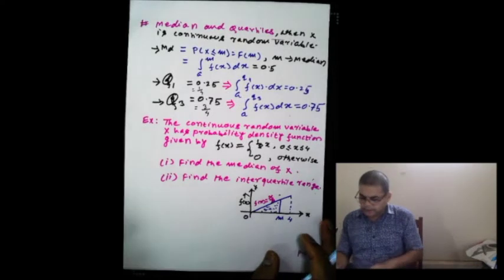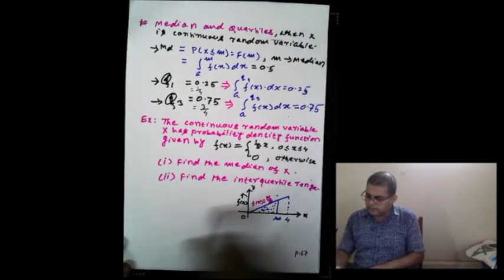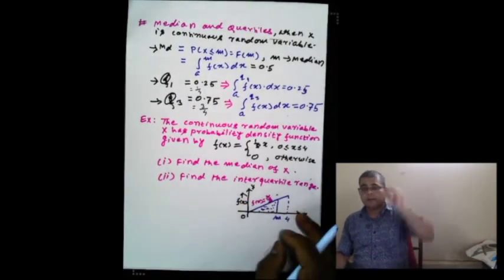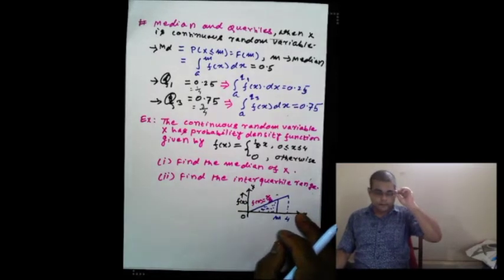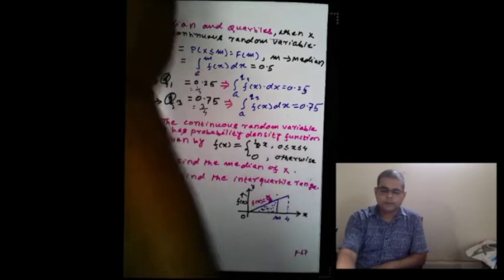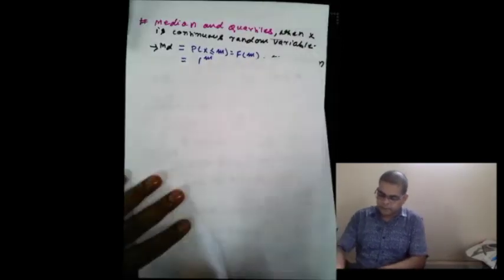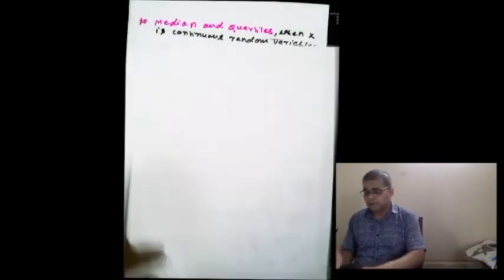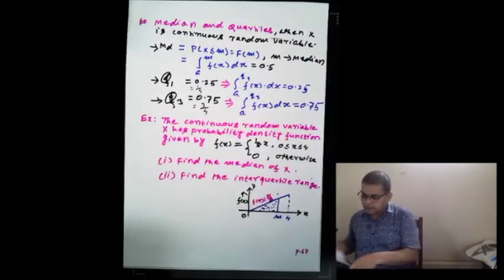And similarly, you can find the interquartile range. In order to find the interquartile range, you should have values of Q1 and Q3 both. So let's find Q1 first, or you can find Q3 first, it doesn't matter. Your F(x) value was x squared by 16.